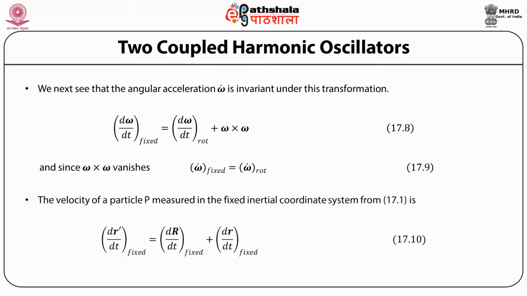Thus, the velocity of a particle P measured in the fixed inertial coordinate system is given by dr prime by dt in the fixed frame, that is, the velocity in the fixed frame is equal to d capital R by dt plus d small r by dt.